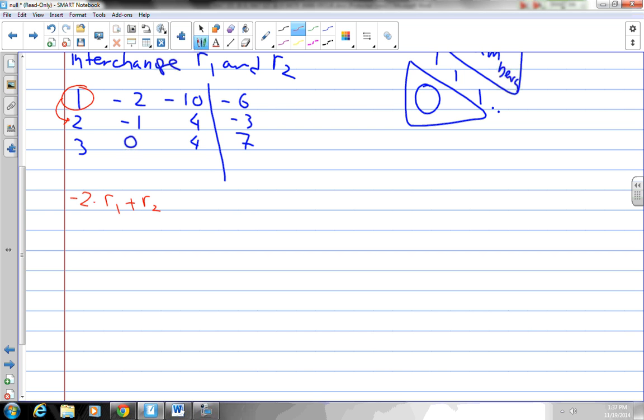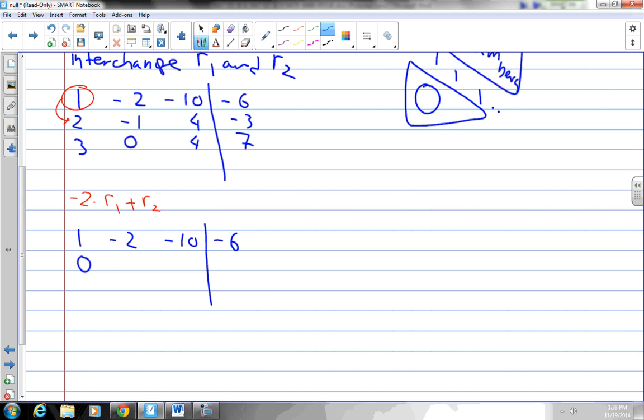So what that will give me, again, row 1 will stay the same. And we're going to do some mental mathematics. You ready for that, Willie? Okay. So 1 times negative 2 plus 2 will give me 0. Right? That's what I'm doing.